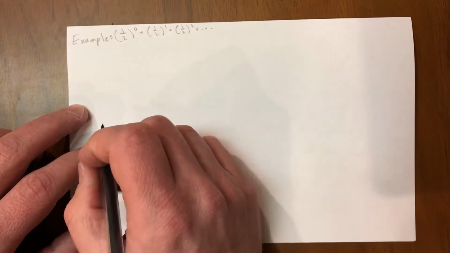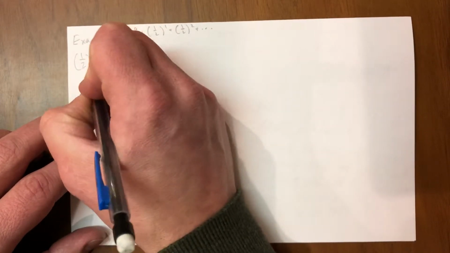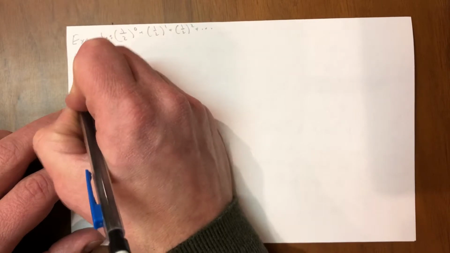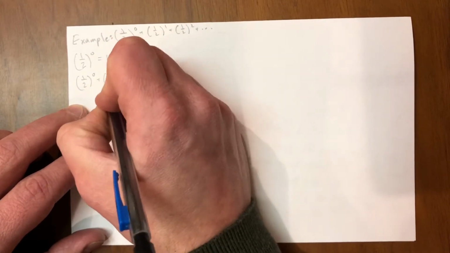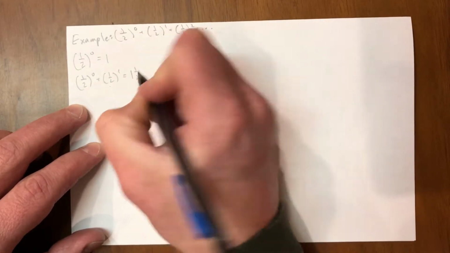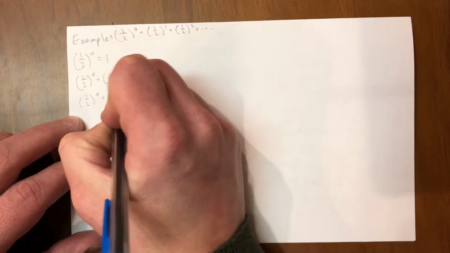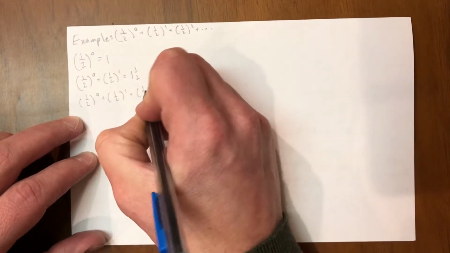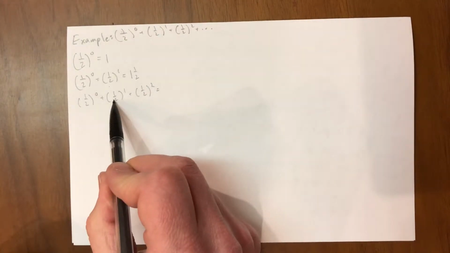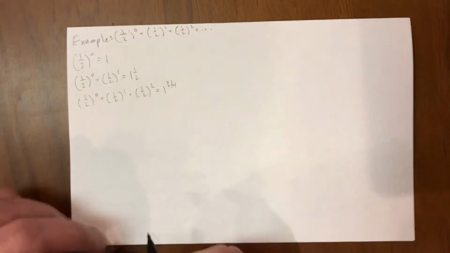Let's just take this in chunks. 1/2 to the 0, well, that's 1. 1/2 to the 0 plus 1/2 to the 1 is 1.5. 1/2 to the 0 plus 1/2 to the 1 plus 1/2 to the 2 is 1 plus 1/2 plus 1/4, which is 1 3/4.